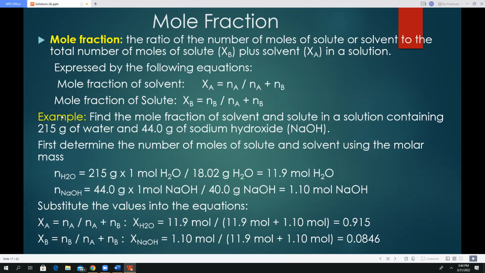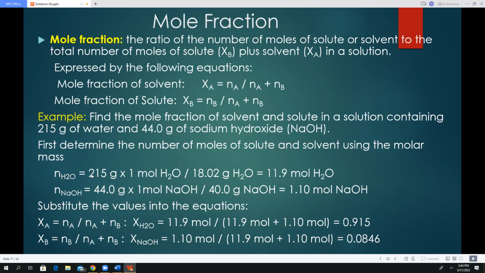All right, so find the mole fraction of the solvent and solute in a solution containing 215 grams of water and 0.44 grams of sodium hydroxide. So the very first thing to do is find the number of moles of both. So you need to do the n of water, which is the number of moles of water. And water happens to be the solvent, so nA, right?